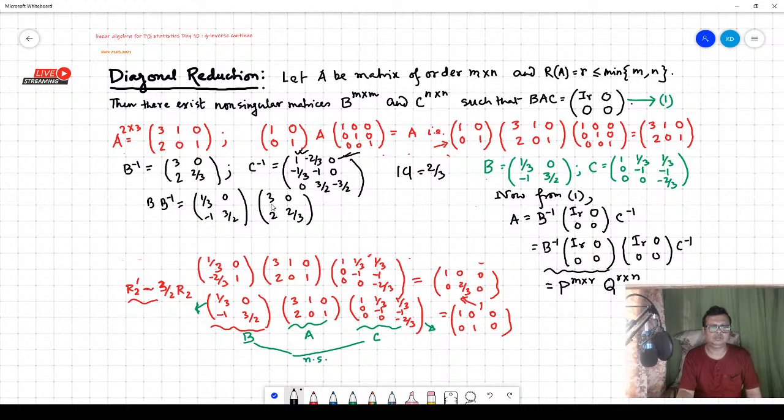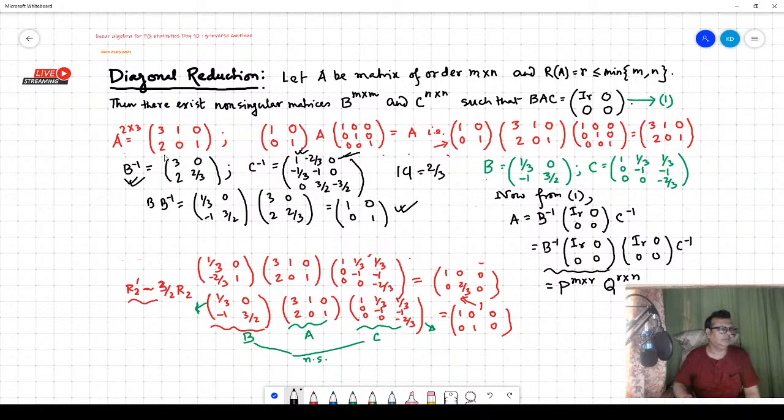So this is 1/3 1 0. See, 1/3 into 3 0, then 0, then 0 0. Okay, then minus 3, 3 0. Okay, you are right. 0 1. Okay, correct. This is correct.